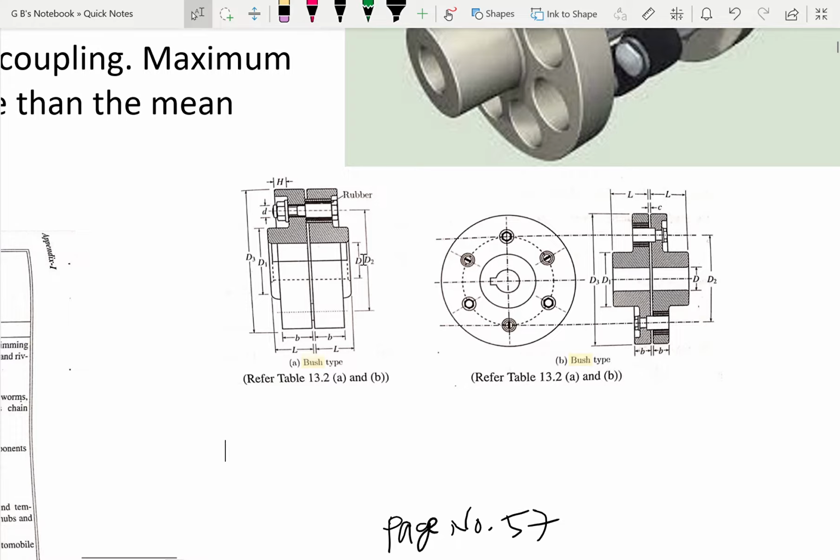D is the bore diameter, this is for the shaft, and D1 is the hub diameter, D2 is the bolt circle diameter, and D3 is the outside diameter of the flange.